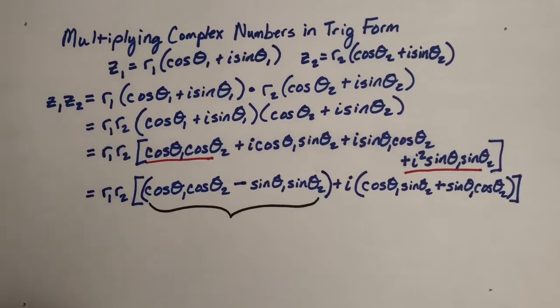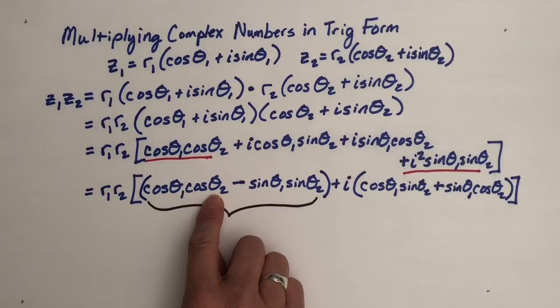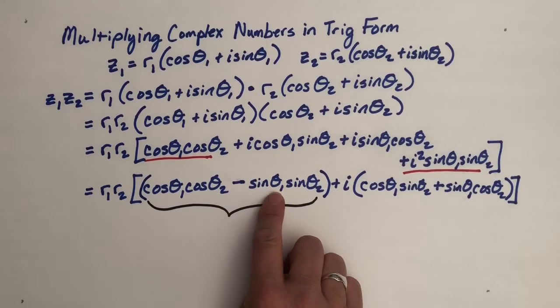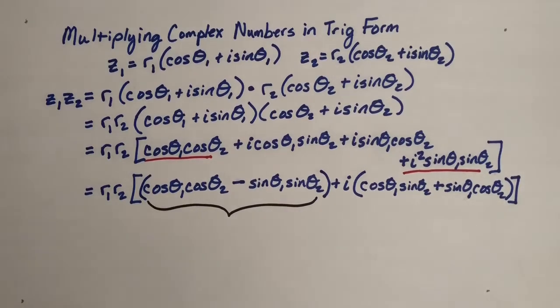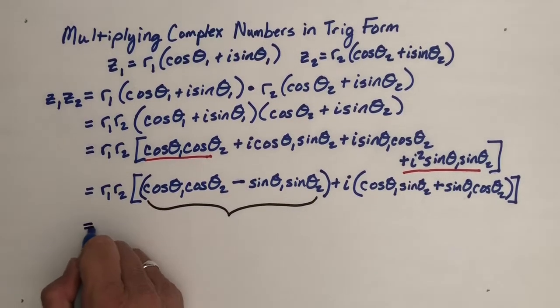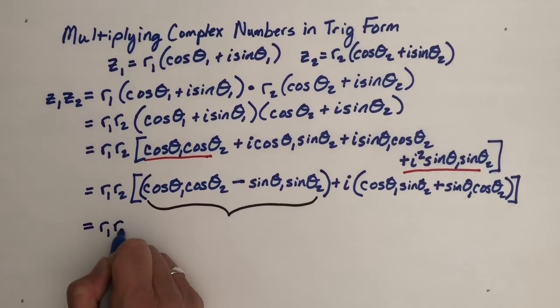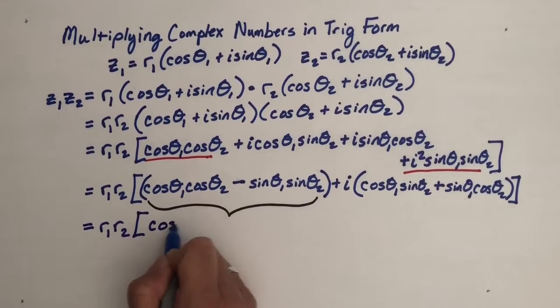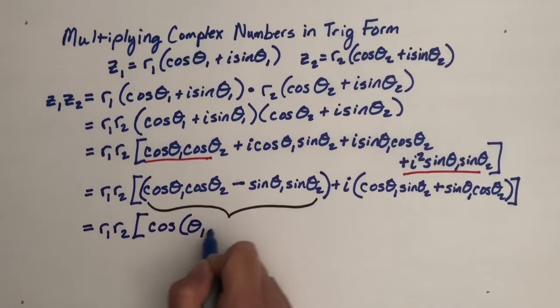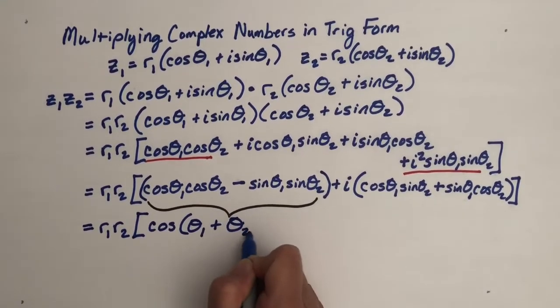It's cosine of an angle times the cosine of a second angle minus the sine of the first angle times the sine of the second angle. I hope that looks familiar to you, and it looks like the cosine of the sum of two angles. So this would be r1 r2 times cosine of theta 1 plus theta 2.